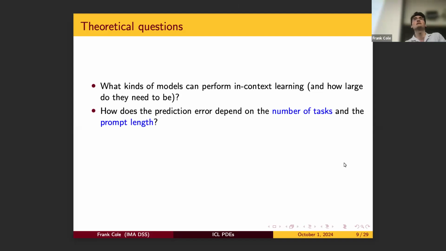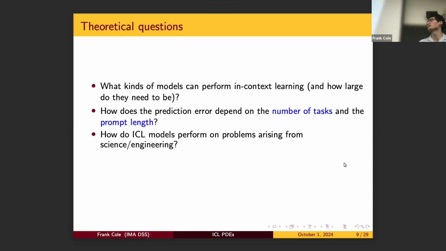How much data do you need is another question. And in this setting, the data can refer to 2 different things: either the number of tasks that you see in pre-training or the number of labeled examples that you see for each task. And usually those are on different orders of magnitude. I think the number of tasks might be very large, whereas the number of labeled examples per task may be on the order of 10 or 100.